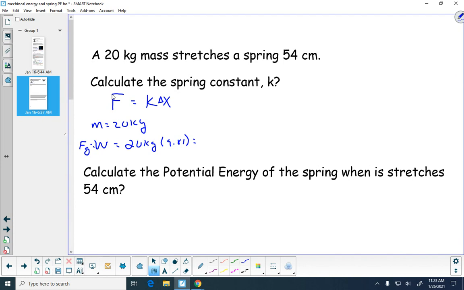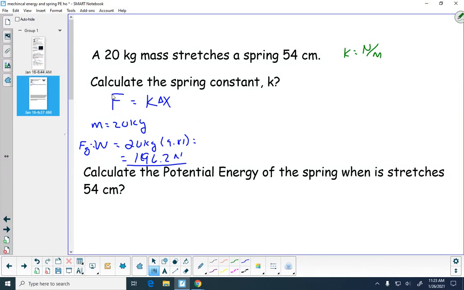So the force that's being exerted here is what, Tess? And those are in newtons. Okay, now, when you're talking about a spring constant, most of the time your K value is going to be in newtons per meter.